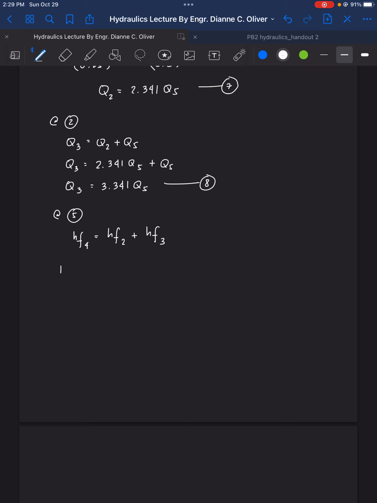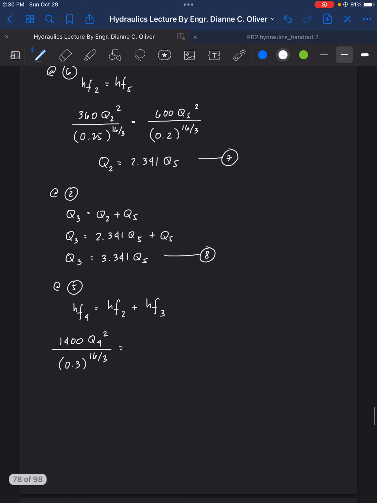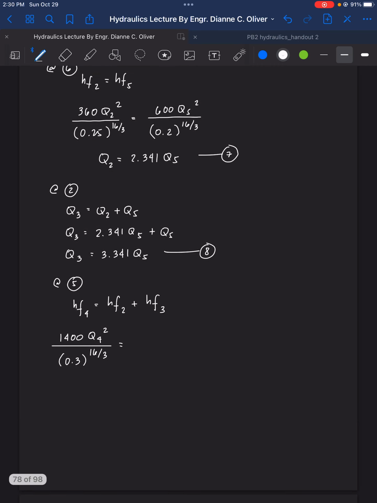So 1,400 Q4 squared all over 0.3 raised to 16 over 3 equals our HF2 here, 360 Q2 squared all over 0.25 raised to 16 over 3, plus our pipe 3.